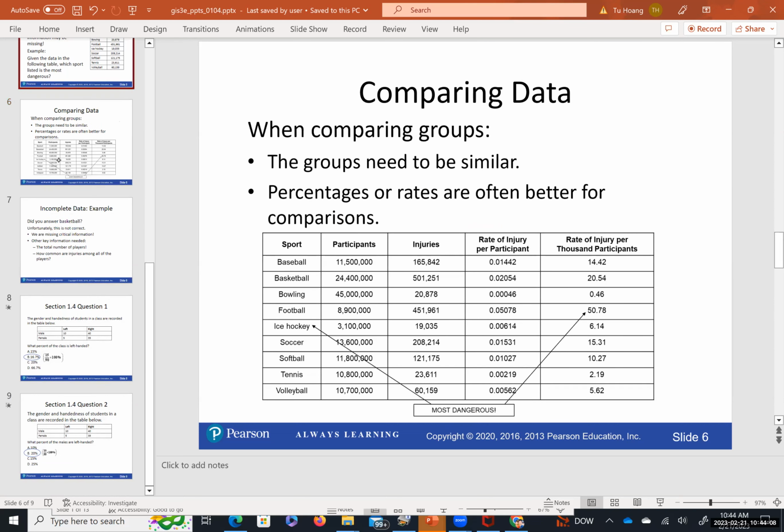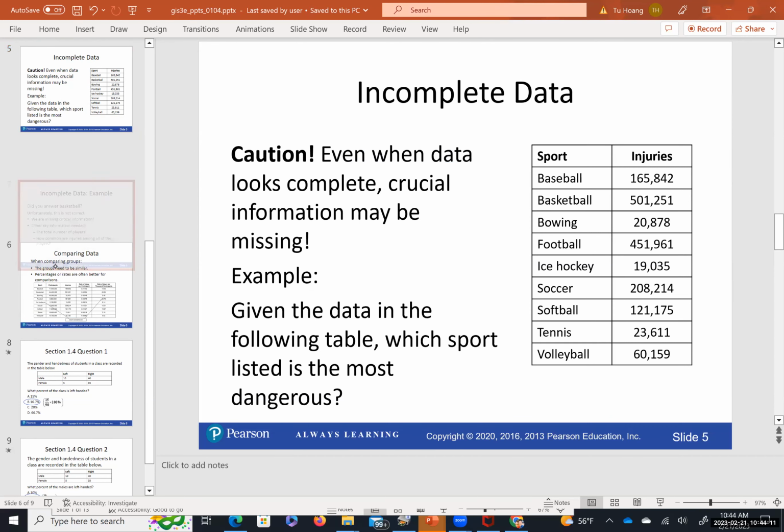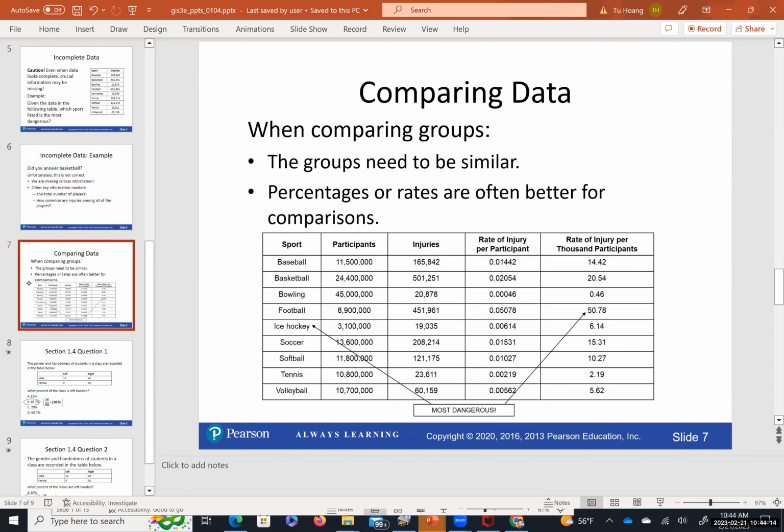Here. So this is comparing data. When you compare groups, the groups need to be similar. The percentage or rate is often better for comparisons.